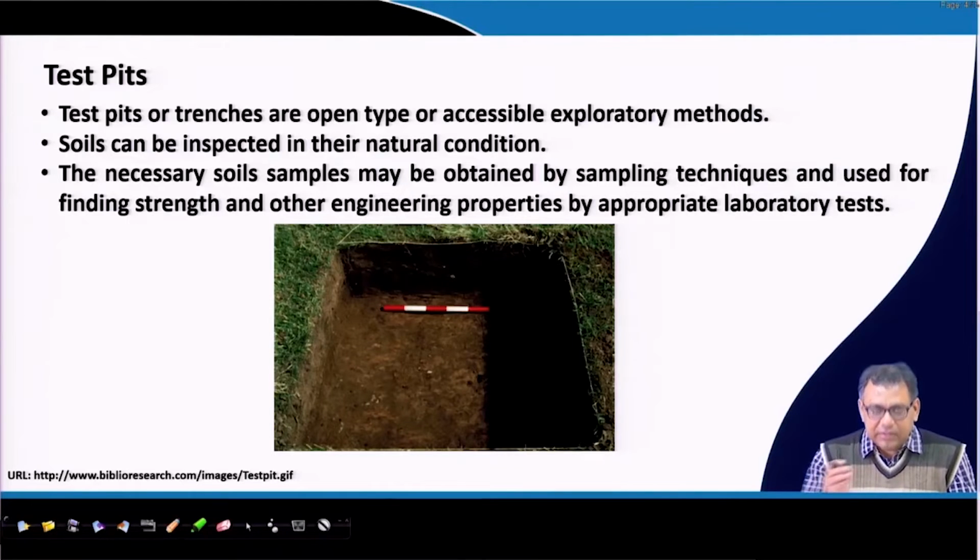But this test pit method is suitable for small structures and for very shallow depth. That means the soil can be inspected in its natural condition, and as I mentioned, we can collect the soil sample from the base of the pit or the base of the foundation itself.